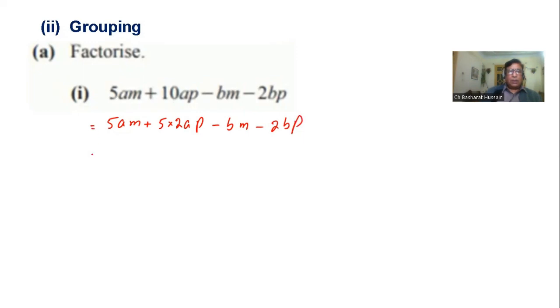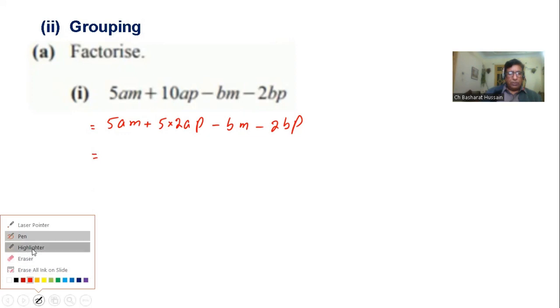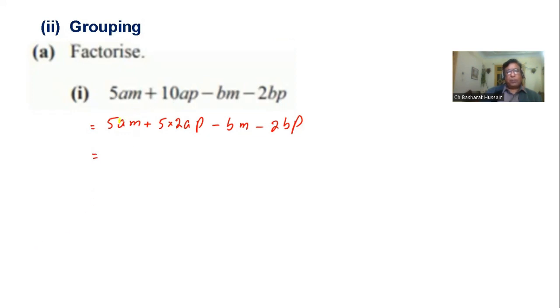Now we can take common factors from these pairs. 5 is common, here I mark this 5. Another a is common from the first 2 terms, and in the second, nothing is common.